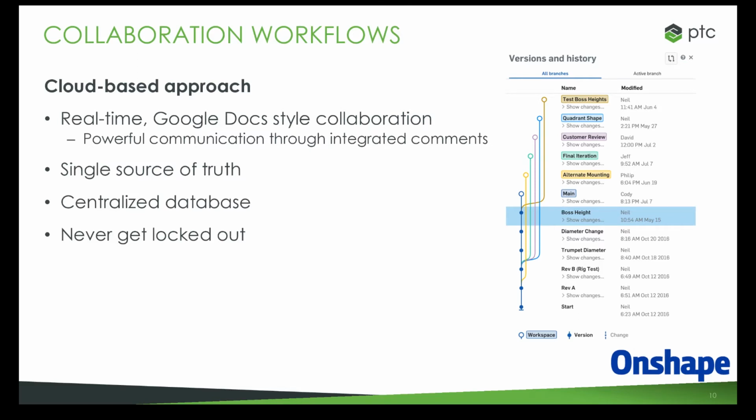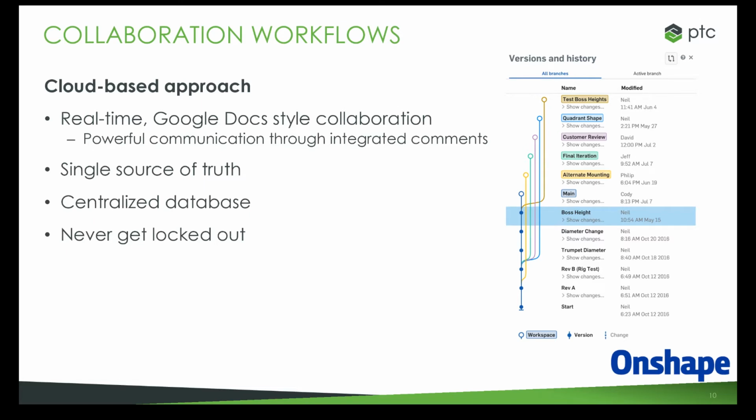When we talk about a cloud-based approach to this, again, it's like the Google Docs style of collaboration. You can have multiple users in the same design at the same time collaborating together. There's integrated comments to be able to communicate among these engineers and have very targeted and specific communication. And what it allows you is a single source of truth on the cloud.